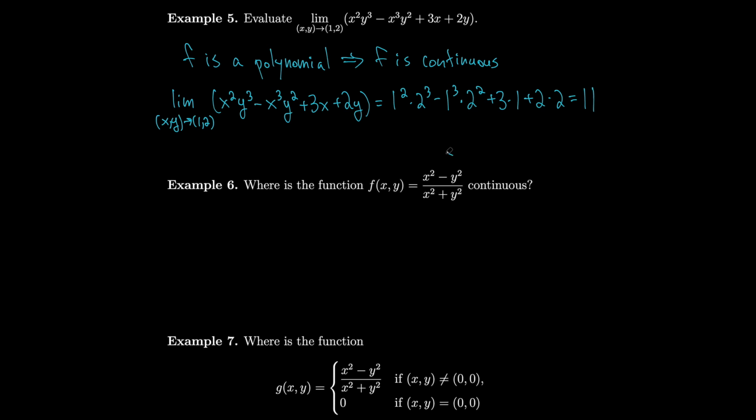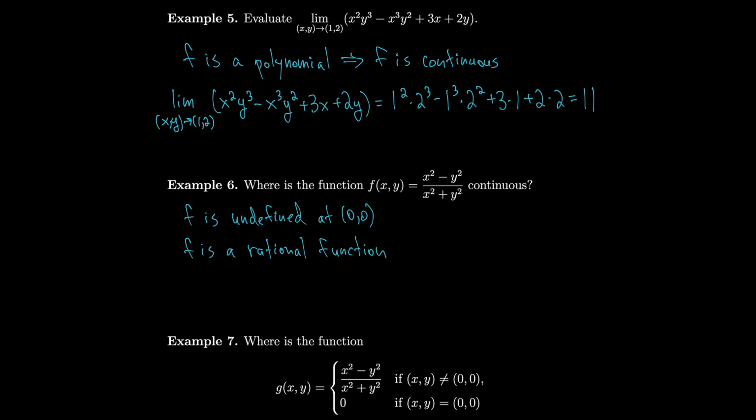Okay, how about this function? Let's see where that's continuous. Notice that f is undefined at (0, 0), at the origin, and f is a rational function. We just said that rational functions are continuous on their domains.